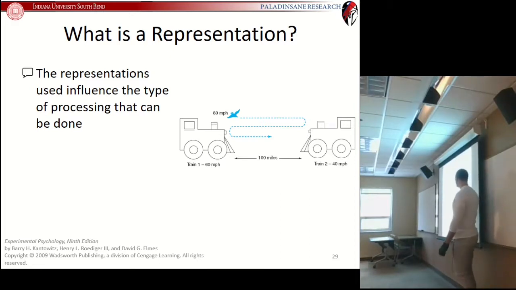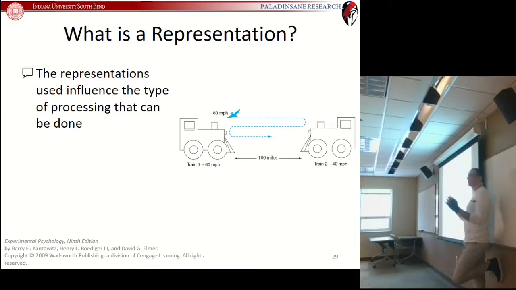So 100 miles apart, two trains going towards each other at a combined speed of 100 miles per hour. They're going to travel for an hour. Bird is flying 80 miles per hour. It's going to fly 80 miles. It literally takes you under a minute. So representing it in different ways, our minds using different representations can vastly influence what our behavior is, or vastly influence what our possible behavior actually is.